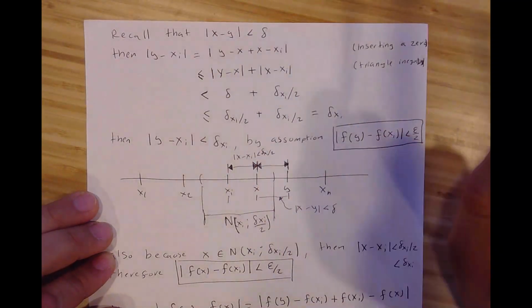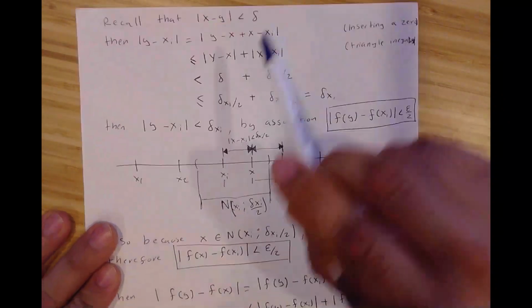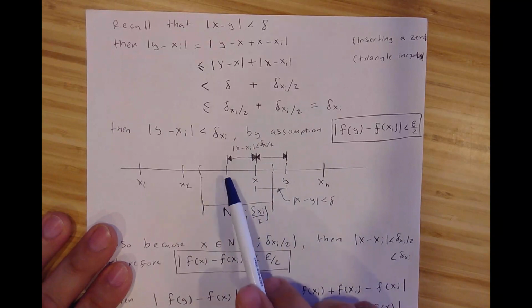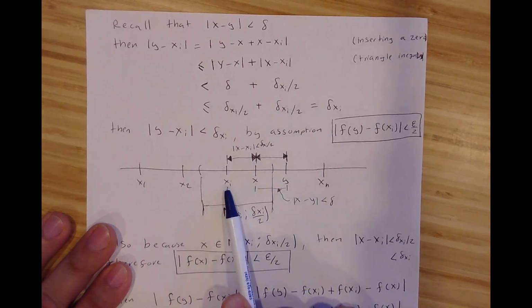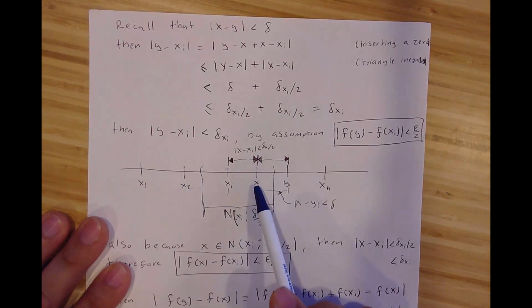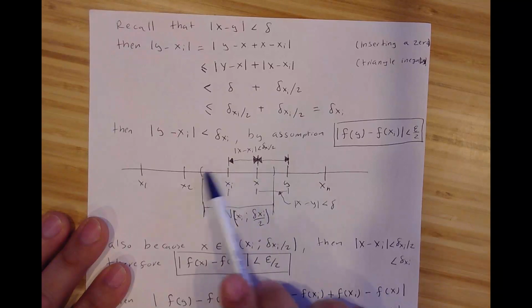I bring this from the previous page. Let's see here in the picture. We have the xi somewhere. We have the open set. This x will be part of this open set, of this neighborhood, right?